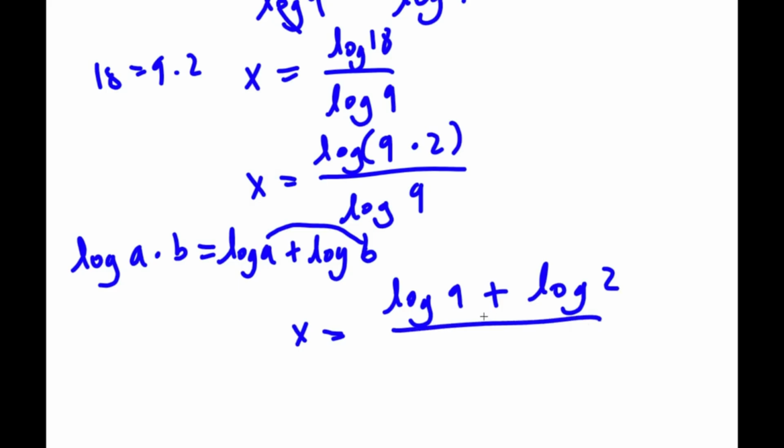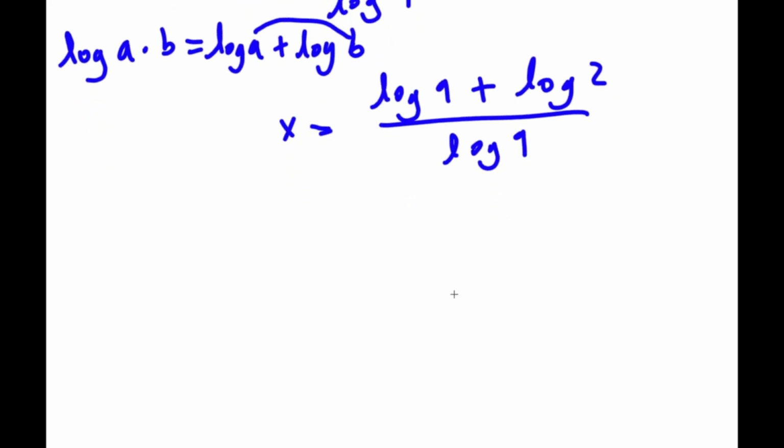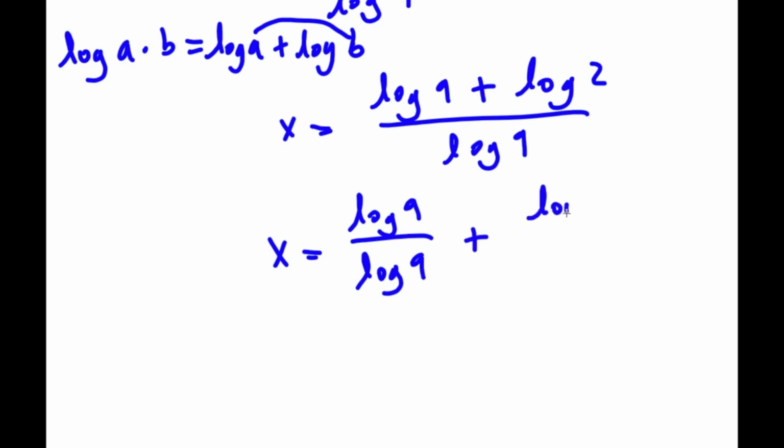So now I have log 9 plus log 2 divided by log 9. And now this is the same thing as log 9 over log 9 plus log 2 over log 9.